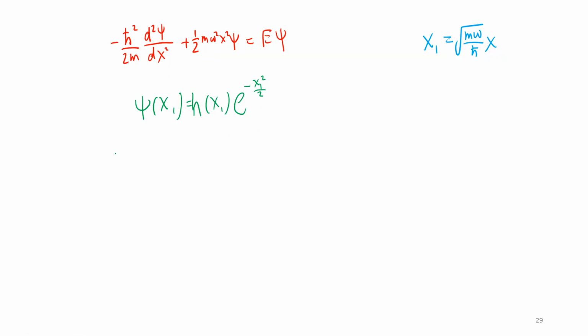If you put this form back into the Schrodinger equation, you find that the h function has to satisfy this equation.